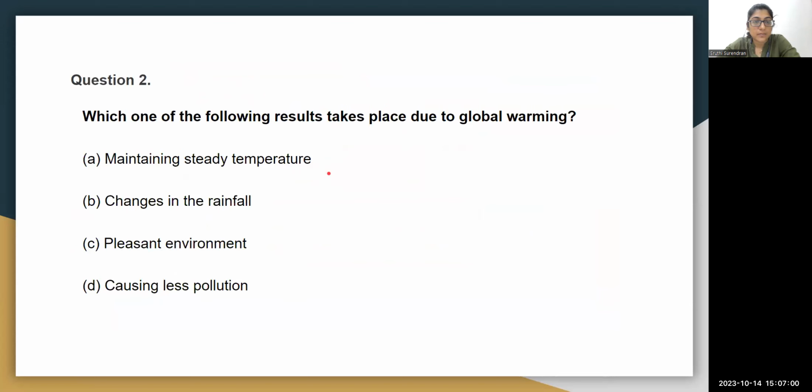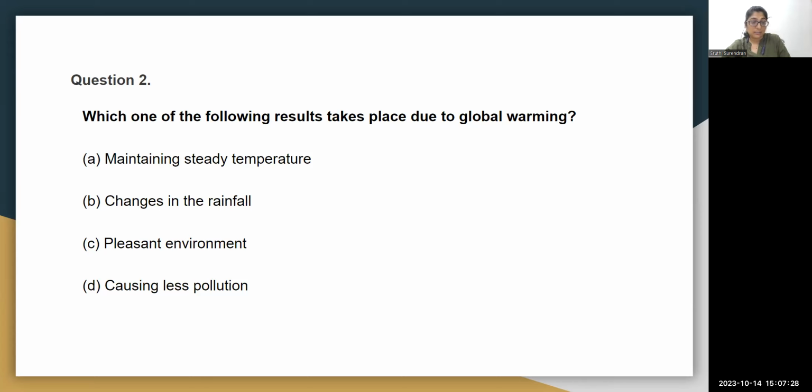Now, the second question: which one of the following results takes place due to global warming? We checked what global warming is. We know what the basis is, or why global warming is caused. Now, what happens when global warming takes place? What are the consequences of global warming is the question here. Is it going to maintain steady temperature? Is it going to bring about changes in the rainfall?